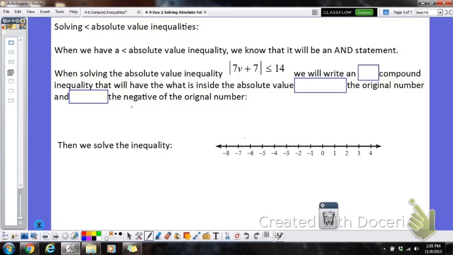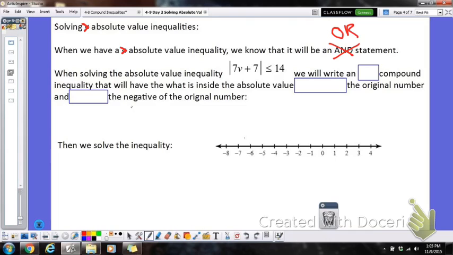Now, I apologize. With this slide, we have to make a few corrections. This time we're going to be solving a greater than absolute value inequality. When we have a greater than absolute value inequality, we will know that it will be an OR statement.